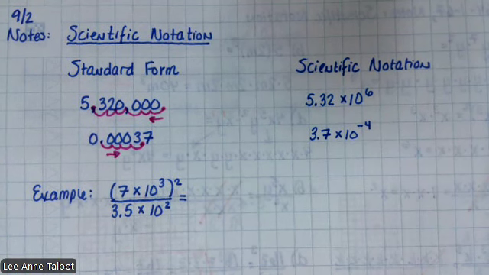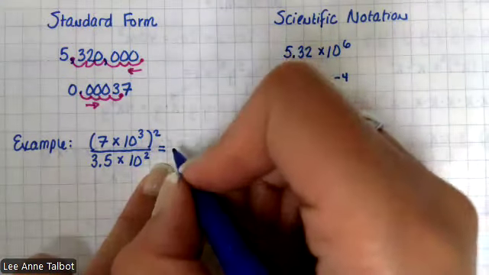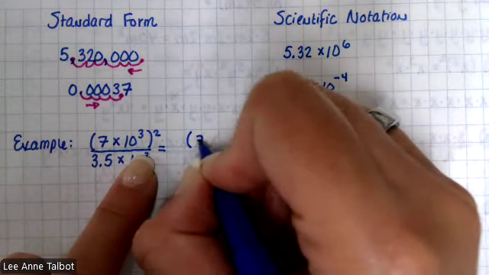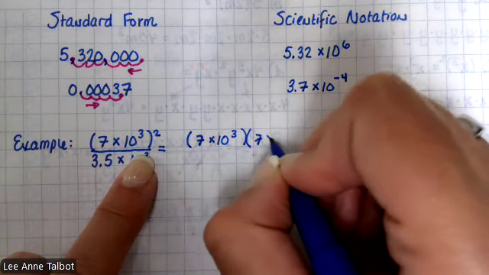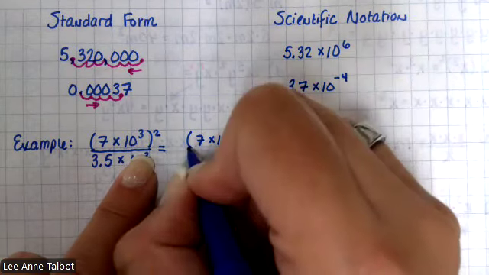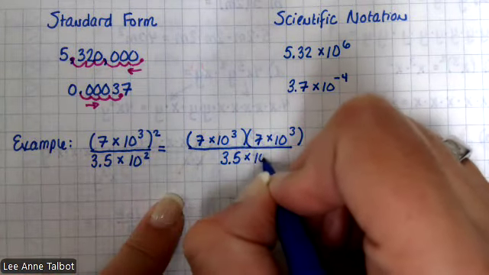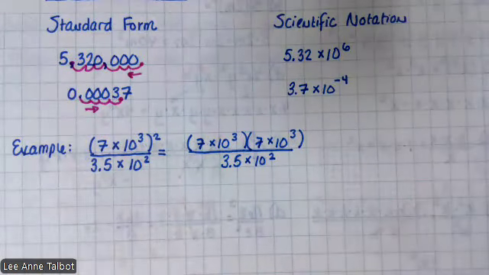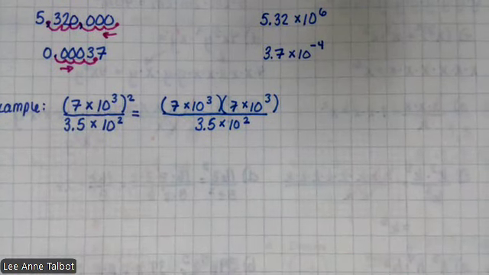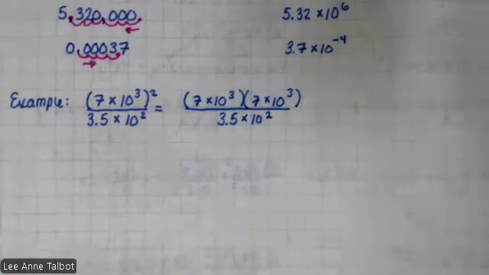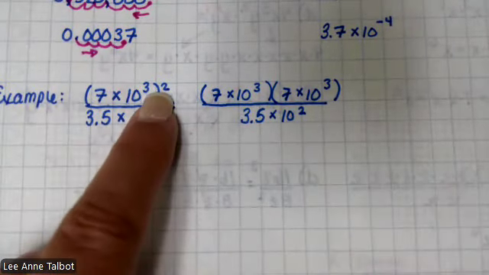Okay, now we're going to do one that requires the calculator. So the first thing I'm going to do in this example is I'm going to write this out twice. And I wrote it twice because it says squared.